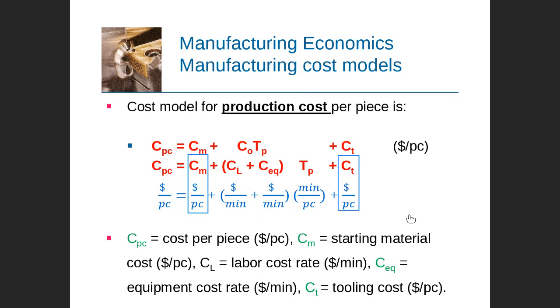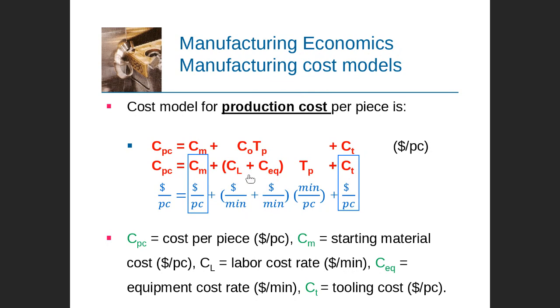For example, a tool costing $10 could be used to manufacture 10 pieces. Then how many dollars per one piece? It is $10 divided by 10 pieces, which means $1 per piece. So this is CT, the tool cost, and this is the material cost.